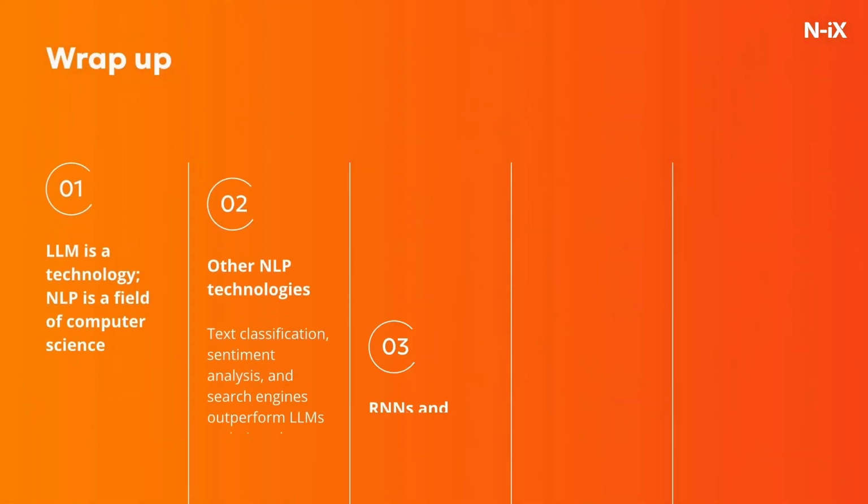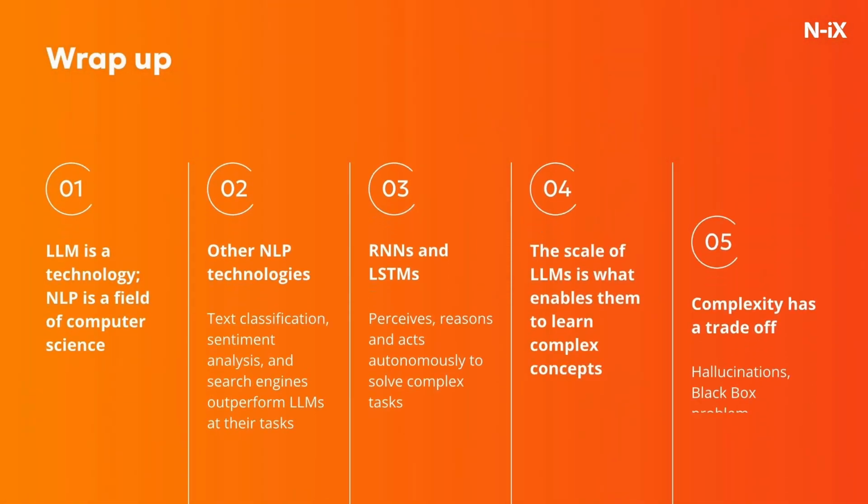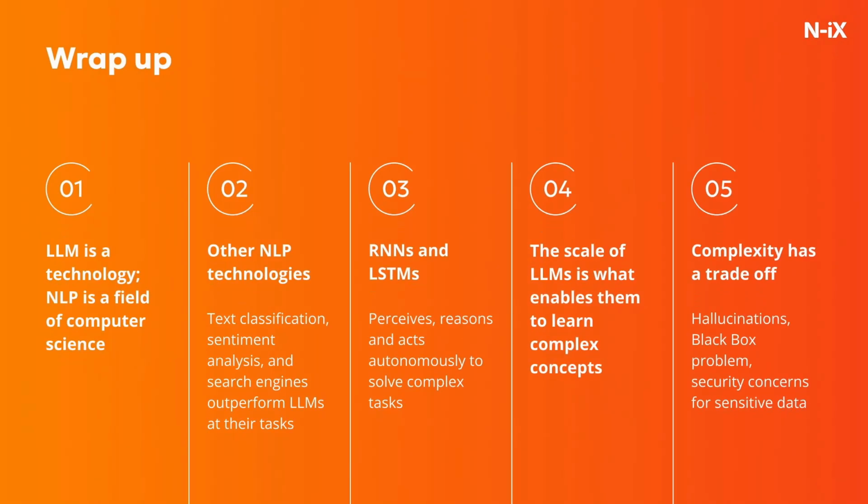So to summarize, Layer 1, NLP is a field of AI science. LLMs are a technology within the field of NLP. Text classification, sentiment analysis, and search engines are NLP tools specialized in a narrow task that survived the invention of LLMs. RNNs and LSTMs allowed models to read a whole sentence before committing to a meaning, thus giving the models memory and basic context understanding.